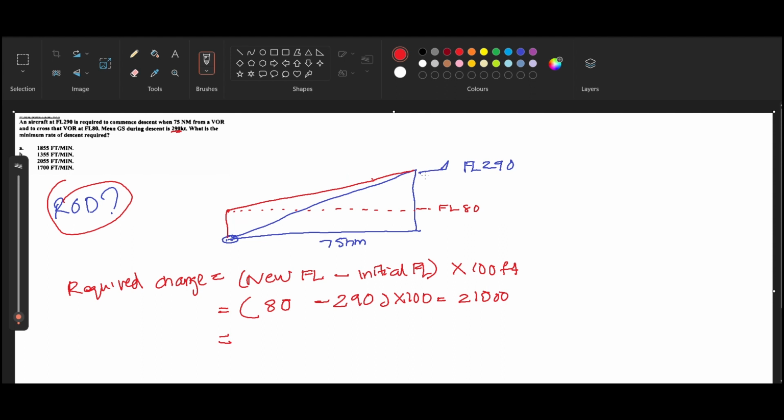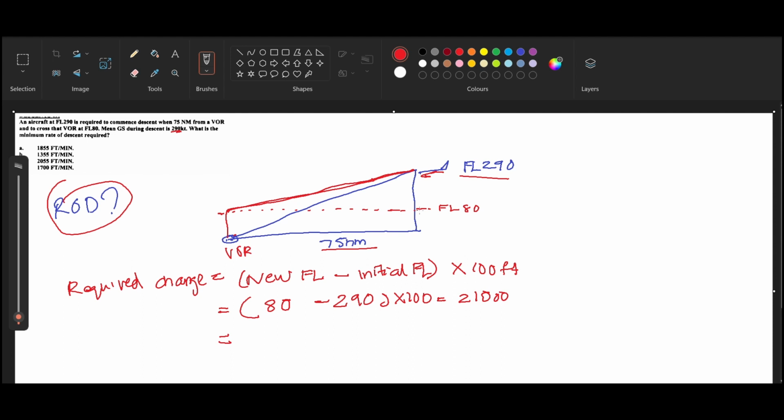The aircraft is at flight level 290, and this is the VOR. The ground distance from VOR to aircraft is 75 nautical miles. The aircraft has to cross that VOR at flight level 80. So this is the path which the aircraft will be flying, and here it's flight level 80.